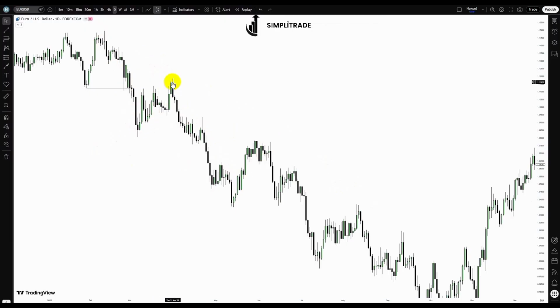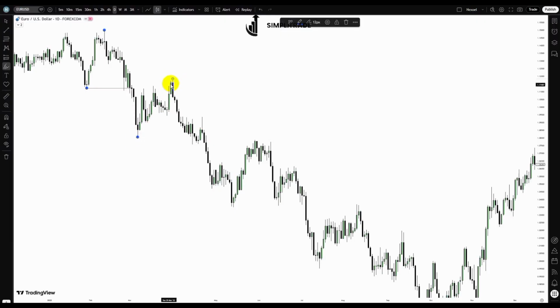Now we have a pullback. So it means that price has given us what's here? A high. We have a low here that was broken by the impulsive movement to the downside. Price has created what? A new low point. And this is a what? Lower low, because it is lower than the previous low points. And now price has given a pullback, creating what? A high point.